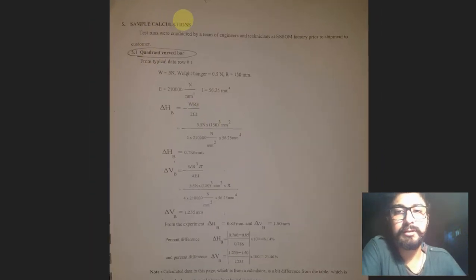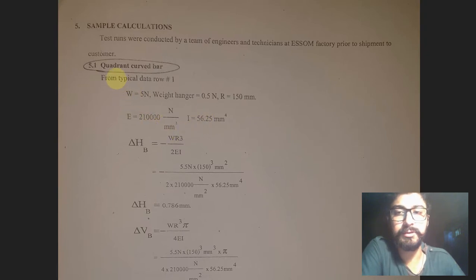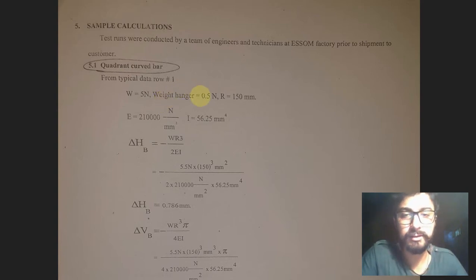So these are some sample calculations. For example, if we have a quadrant curved bar and we are hanging 5 Newton weight, with weight of the hanger as 0.5 Newton and radius as 150 mm, E is equal to 210,000 Newton per mm square, which I think is steel, but we have to confirm it. I is equal to 56.25 mm power 4.